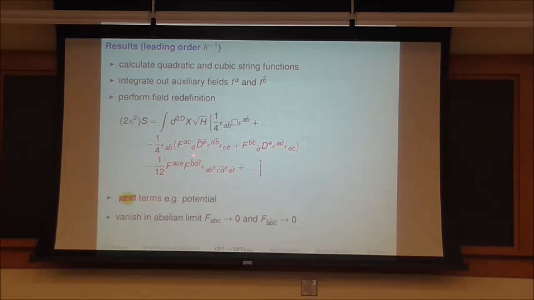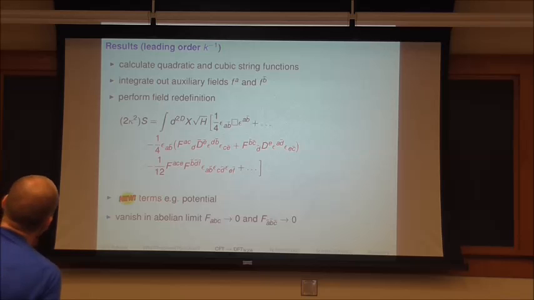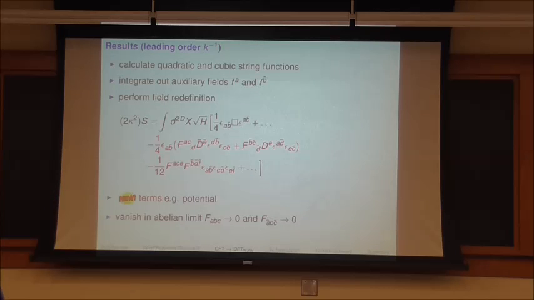You see that you, for example, get something which looks like a scalar potential. This is natural because we are switching on fluxes, so we think that we should get some tree-level potential. It's something which we expect. And when I go back to the torus, so to a non-abelian group manifold, these terms all vanish and I get the well-known result.